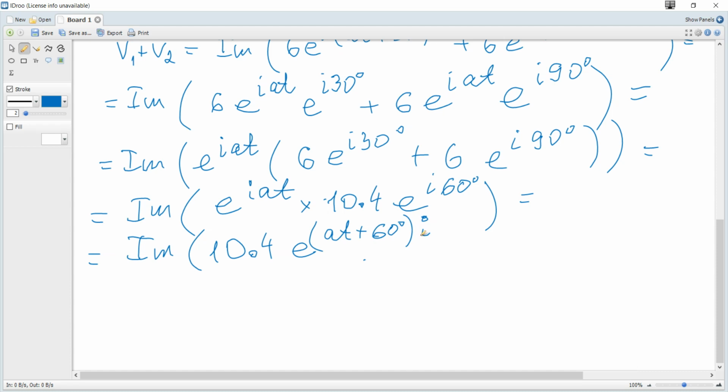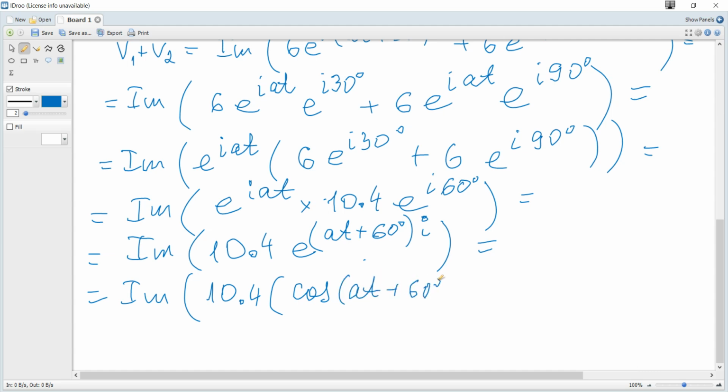It doesn't matter if i is here or in front. Using the formula that r e to the power of i theta is r cosine plus i sine, rewrite again as cosine of 80 plus 60 degrees plus i sine of 80 plus 60 degrees.